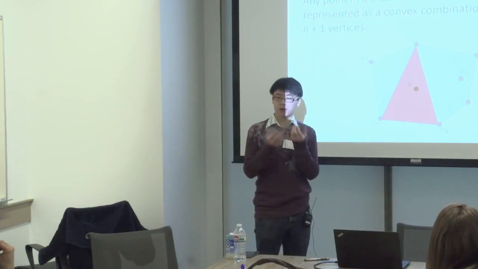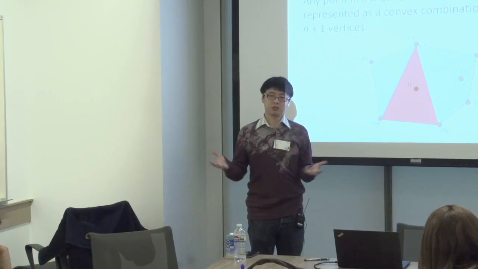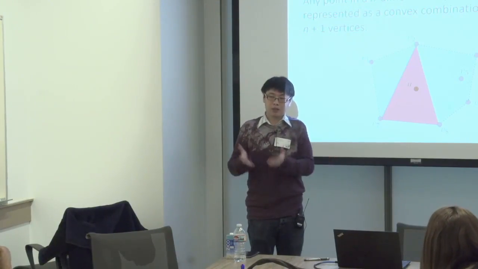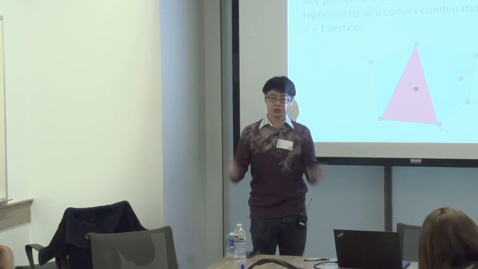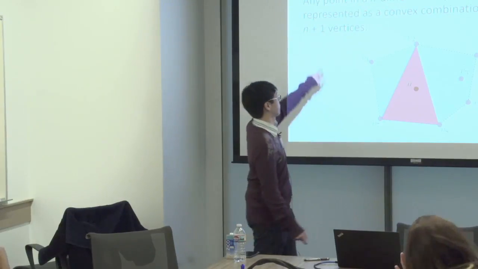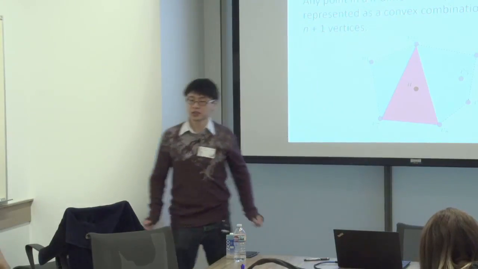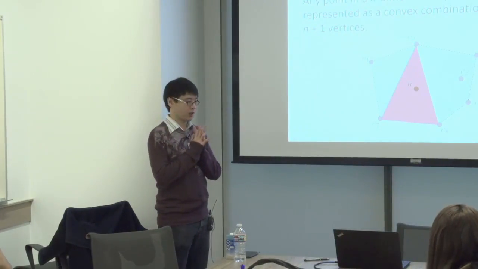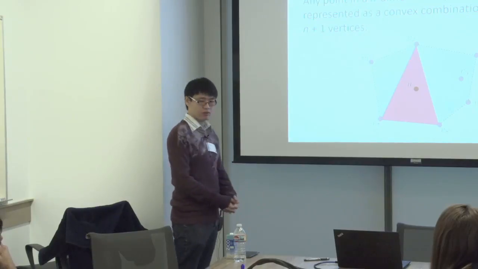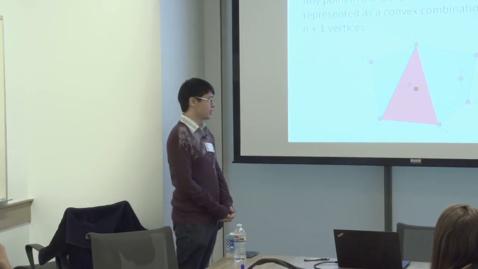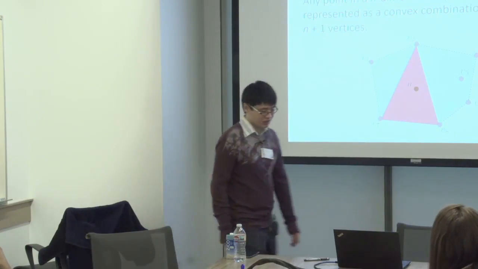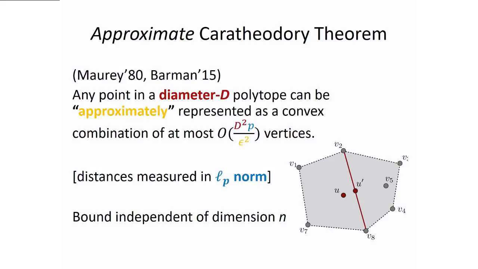If you have a point in a polytope, you can represent it as a convex combination of the vertices, and you can do it in such a way that you only need the dimension number of vertices, essentially. That's Caratheodory's theorem, and that's something we learned in grad school year 1.